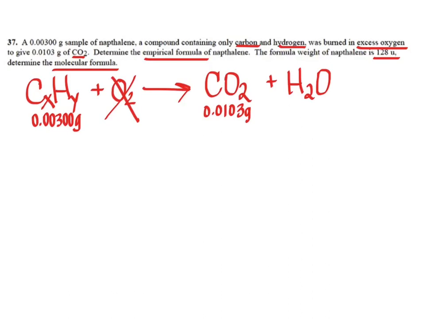So whatever part of the carbon dioxide is carbon has to have come from naphthalene. Because we know this, we can figure out how much carbon was in naphthalene. So let's do some stoichiometry here. So we have 0.0130 grams of carbon dioxide.